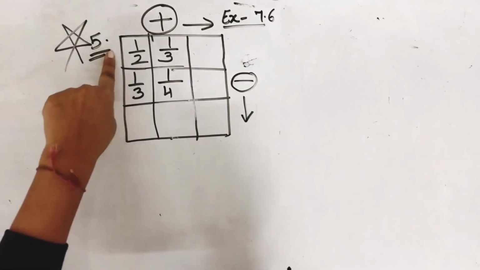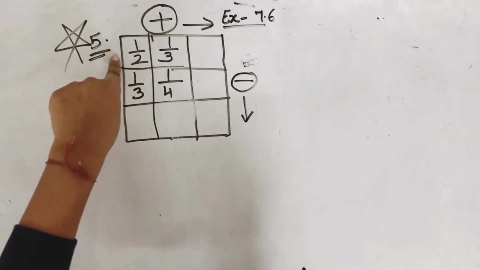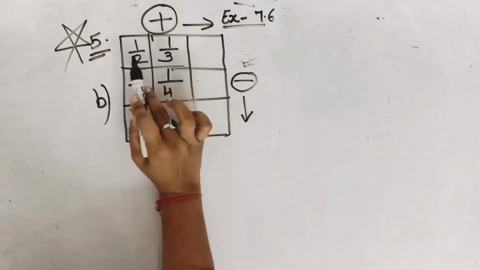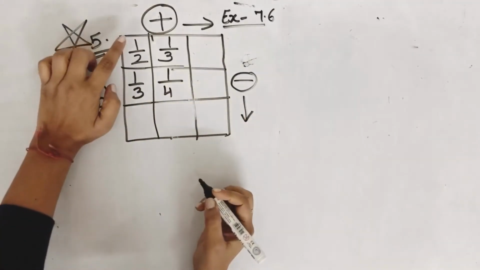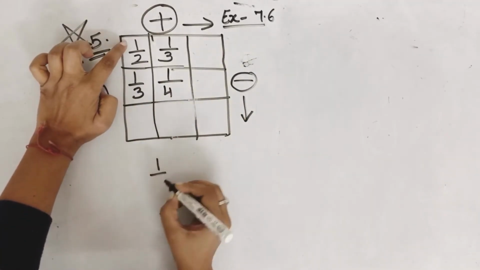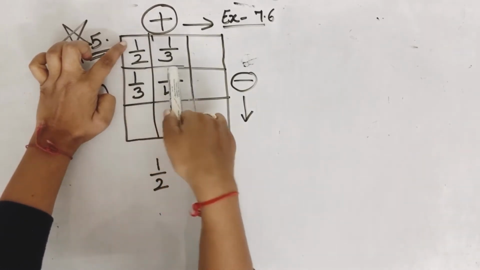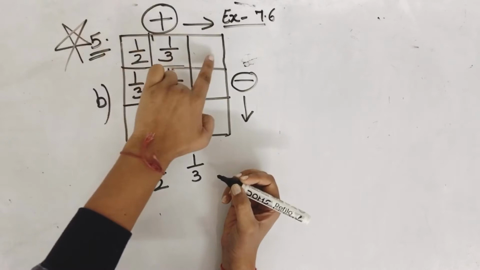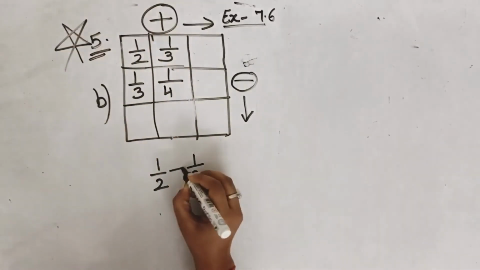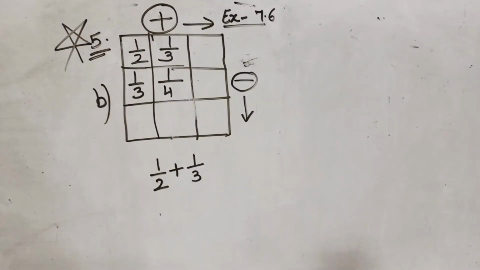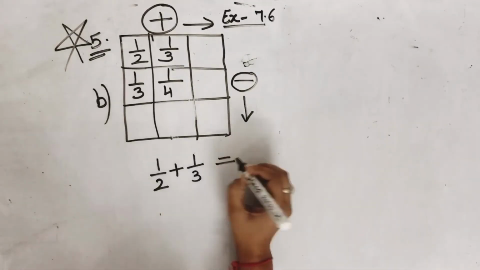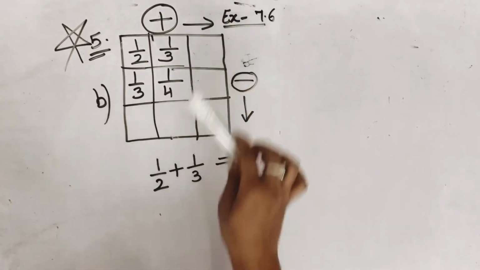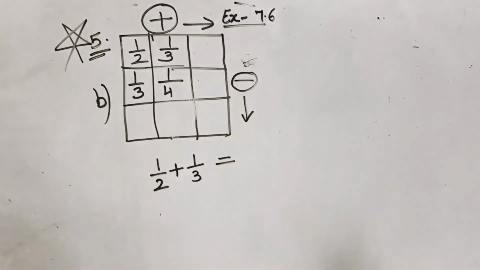I'll start from here. First row, I'm moving towards the right. It means I'll start from here. 1 by 2. Now what is on the right? 1 by 3. And when we go to the right, what will we do? Add. So you have to add them. Is equal to. Here you will write the answer after adding them.